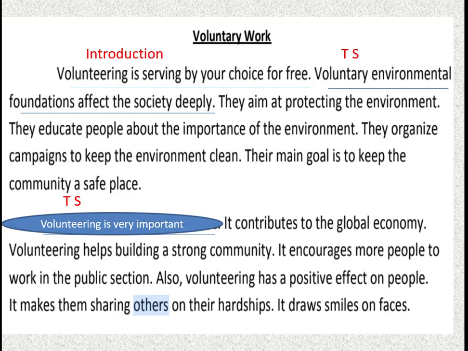At the end, we can say it makes them share others' hardships. It draws smiles on faces. Then I say again why volunteering is important.